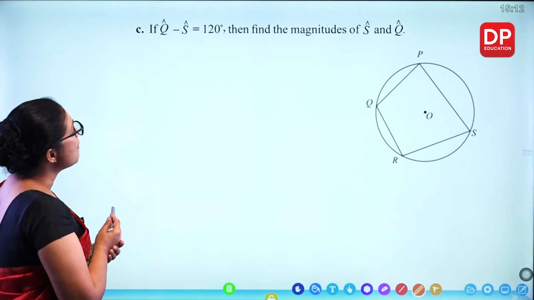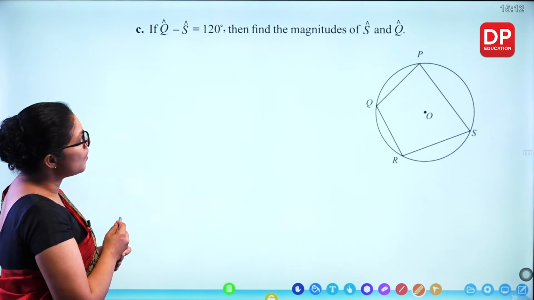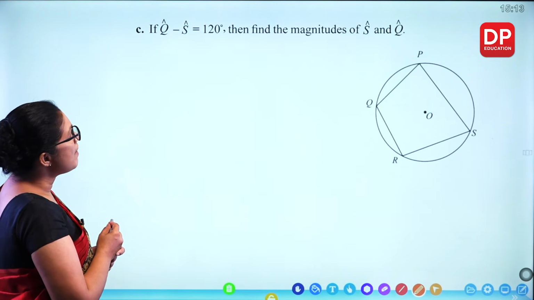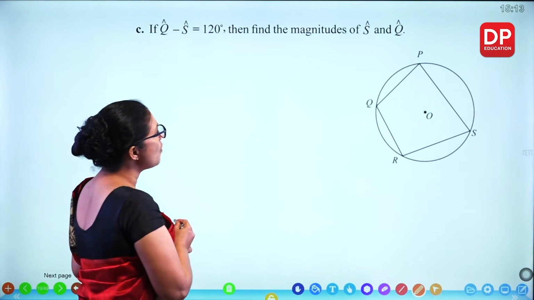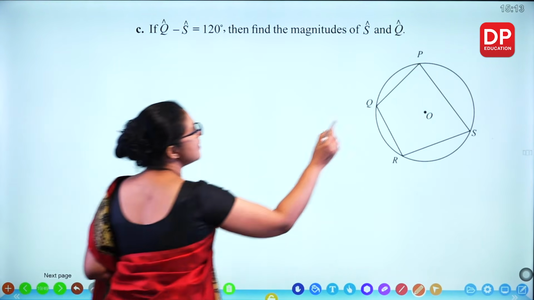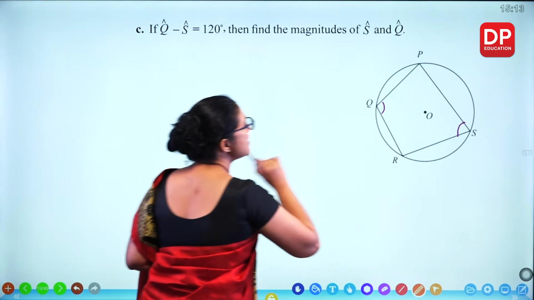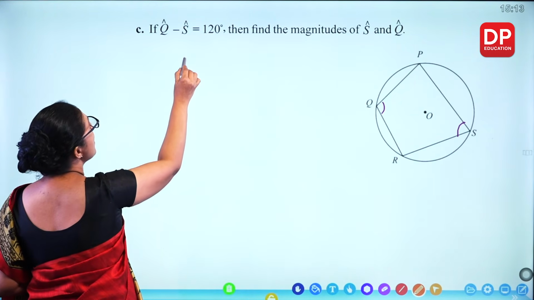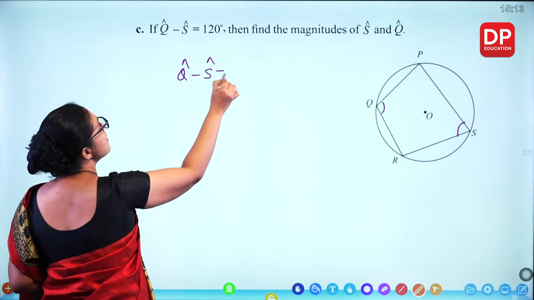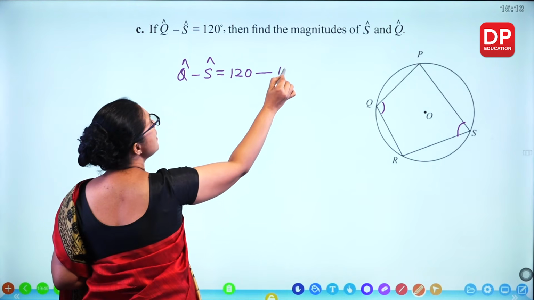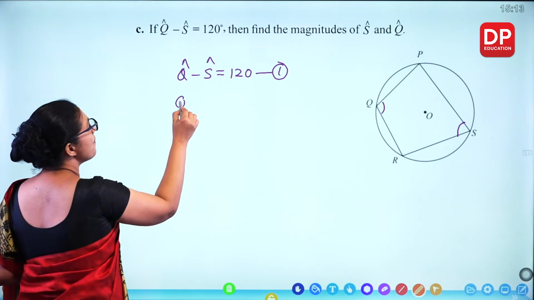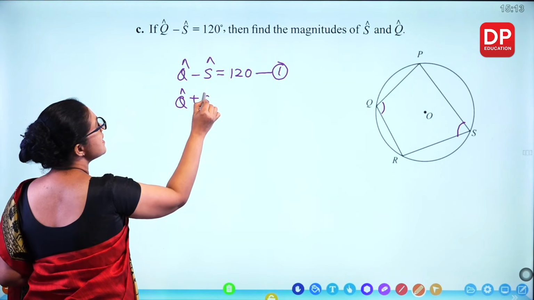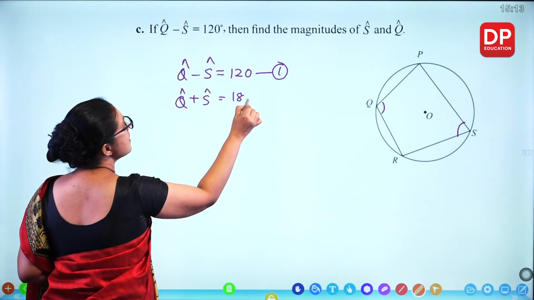Part C. If Q minus S is 120, then find the magnitude of S and Q. The relationship between this and this given, Q minus S is 120. But we know those are opposite angles. What's the sum? Q plus S is 180.